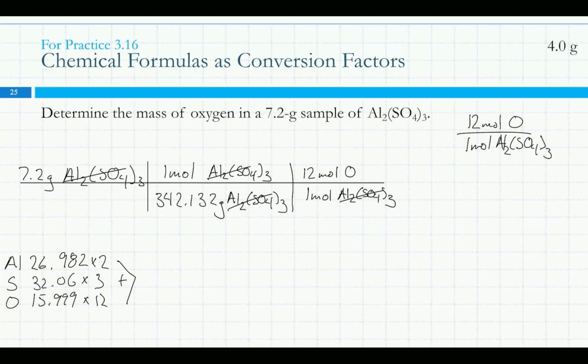So what was I missing? Conversion to mass. And here we want to make sure we use, because we said moles of oxygen, just a single oxygen. Oxygen's one of those diatomic elements, but here we're using the single monoatomic. So 15.999.